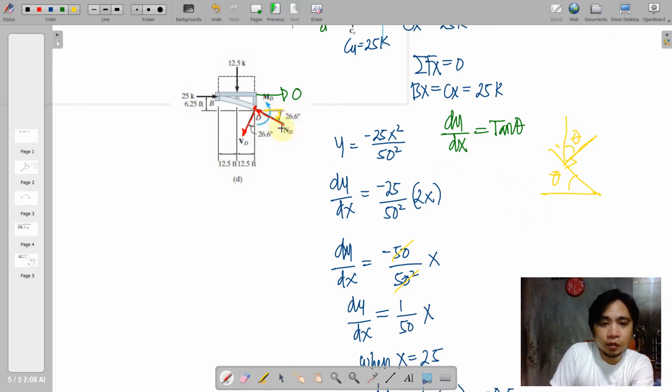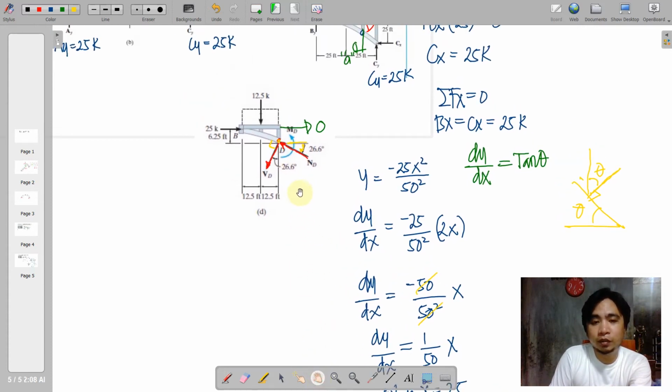So your normal at D is inclined 26.6 degrees, and remember that VD, or the shear at D, is perpendicular to your point D, so combining with the vertical line, this is also 26.6 degrees. The angle is very important to determine the components, so that we can actually work with the unknowns.